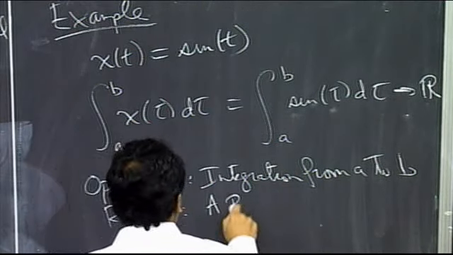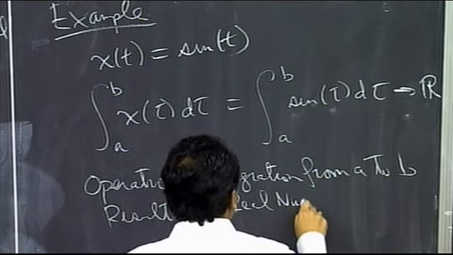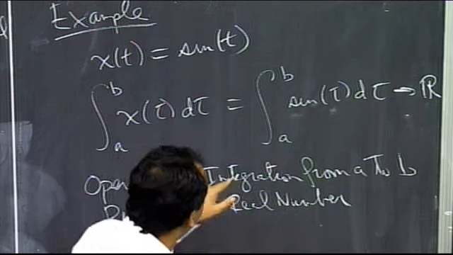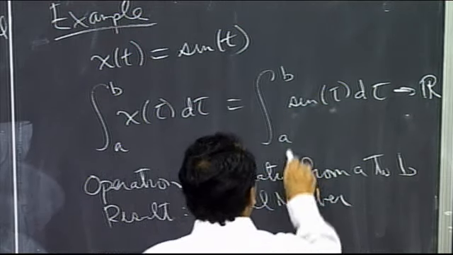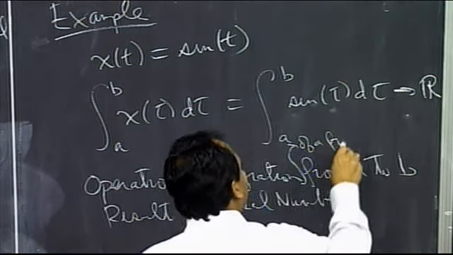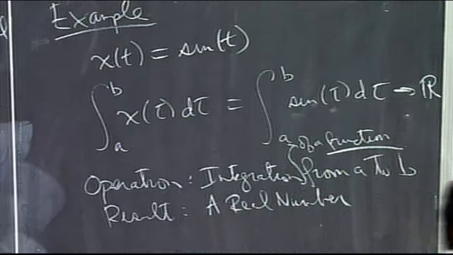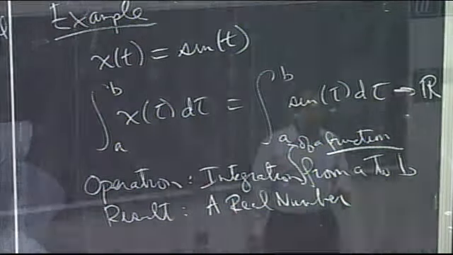A real number, right? The input is not a number. The input is a function. It's the integration of a function from A to B. The input is not a number. The input is itself a function, right?